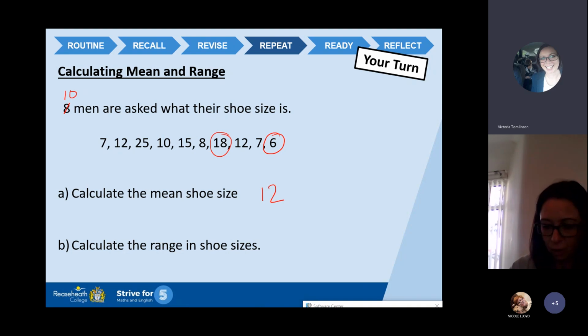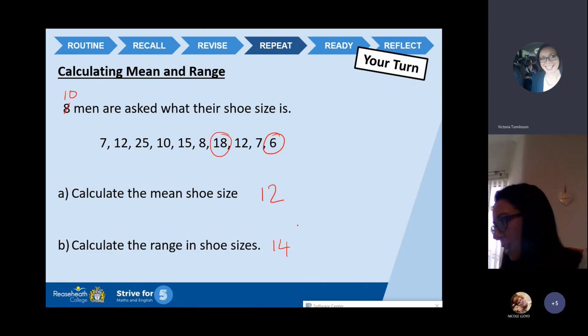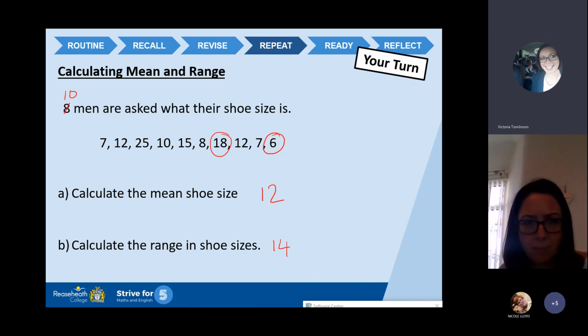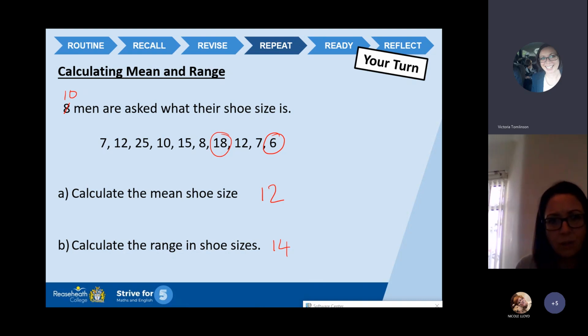I got this off like Corbett or something as well. I think that's obviously wrong. But 18 take away 6 is 12. No, 14. Doesn't make any sense, that question, does it? It's really silly. Oh, is that the biggest? And the smallest? Oh no, 25. Look what I've just done, missed 25. So it's actually 19.